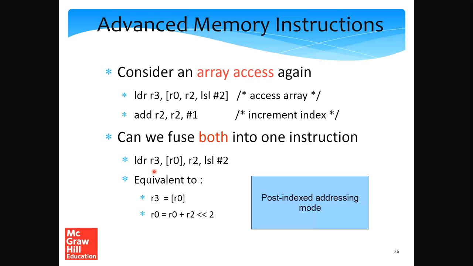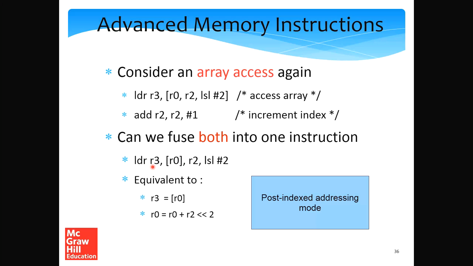So ARM defines a new format, where we write LDR R3, and we move the end of the square bracket, so instead of encapsulating the entire thing, we move the end of the square bracket to just after R0.